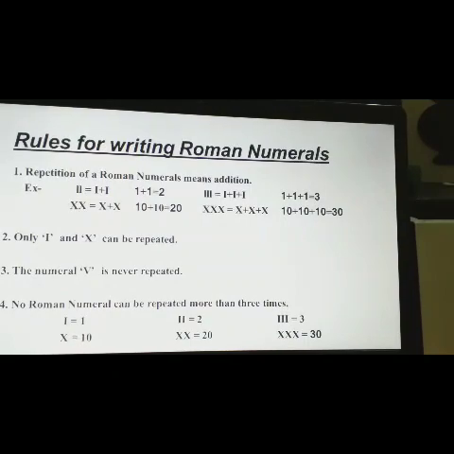You can write I or X maximum 3 times, not more than 3 times. Suppose you want to write 40, you can't write X 4 times. That is XL. Will explain later.